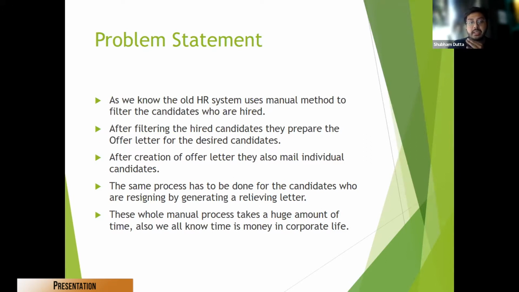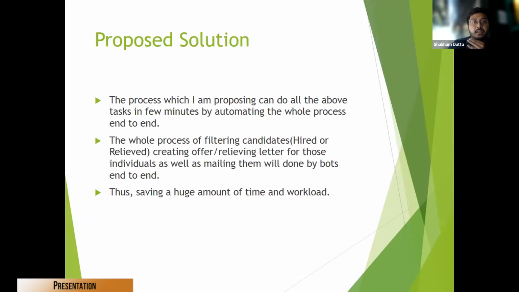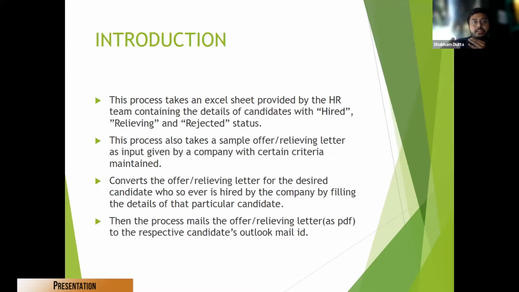I came up with a process which will do the whole process of filtering the hired candidates or the relieving candidates, making an offer letter or a relieving letter, and emailing it to the individual candidates. This is the introduction of my process: there will be hired, relieving, and rejected candidates.